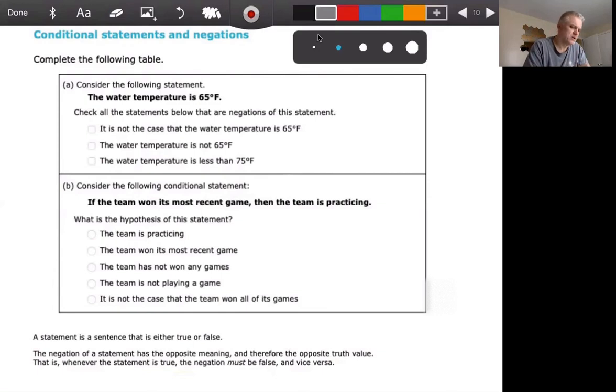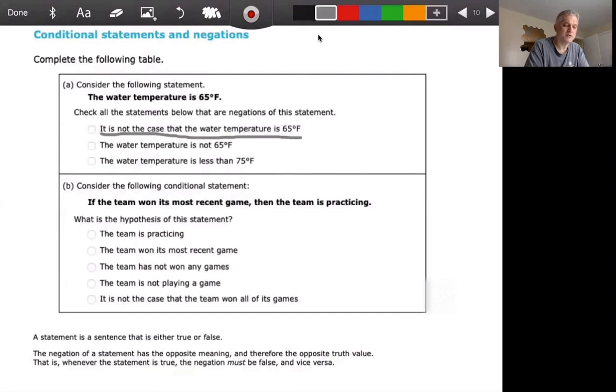It is not the case that the water temperature is 65 degrees Fahrenheit. If this is a negation of your original statement, then if my negation's true, my original statement has got to be false. If it is not the case that the water temperature is 65 degrees Fahrenheit, does that mean the original is false?